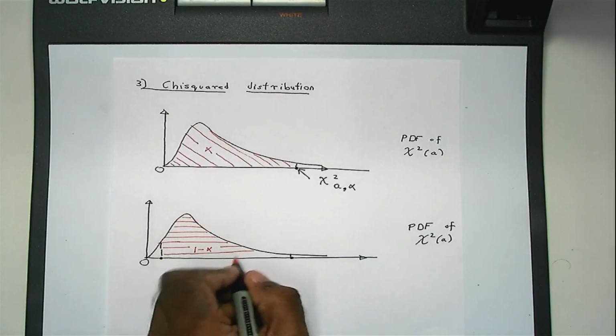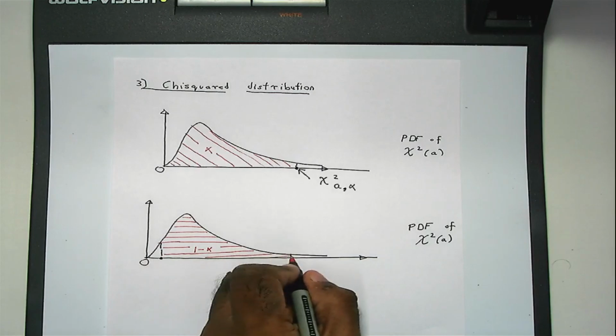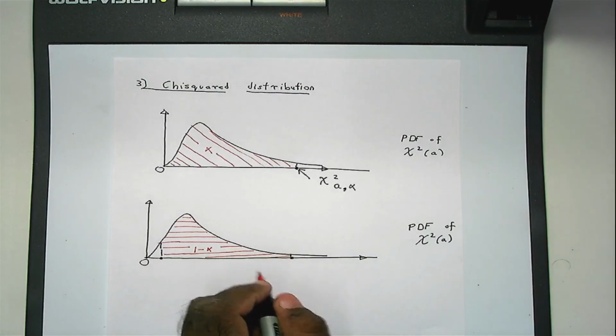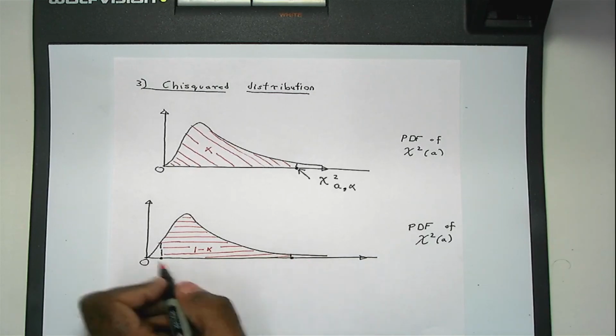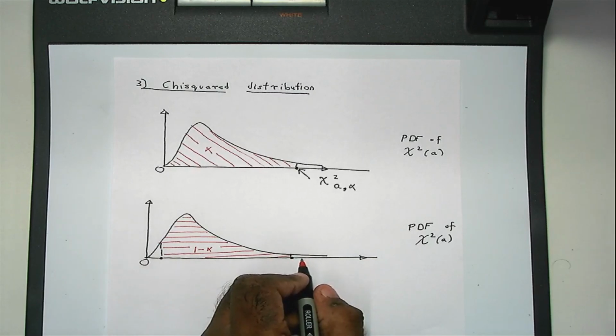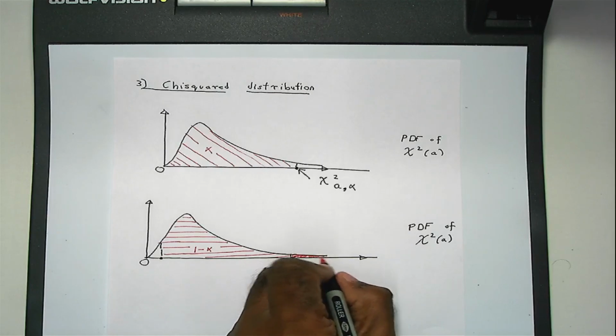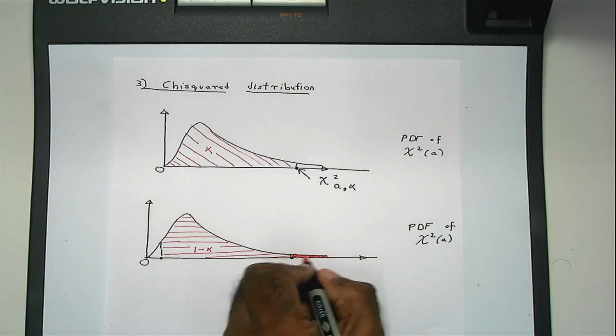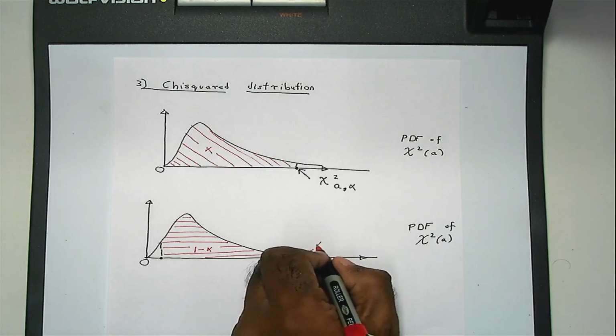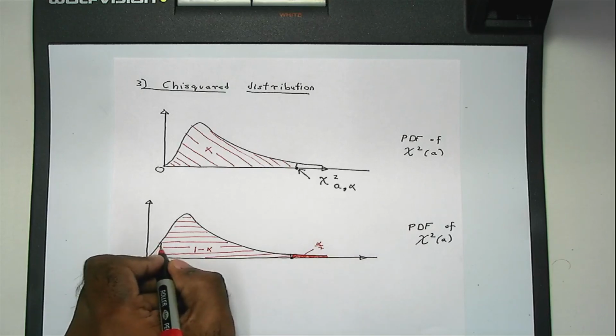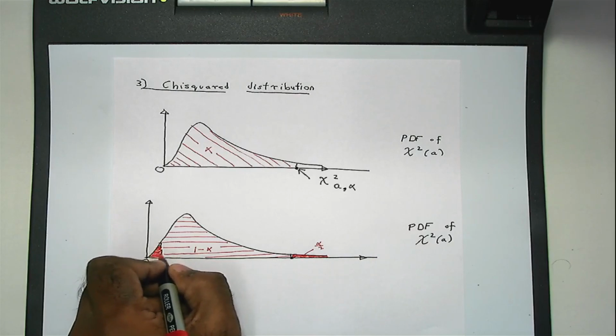That means these two tail areas have to make up alpha. Let's suppose we choose this area to be alpha by 2, and this area is also alpha by 2.